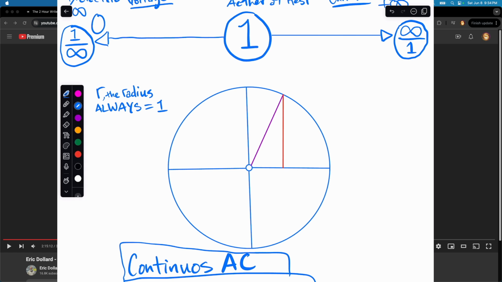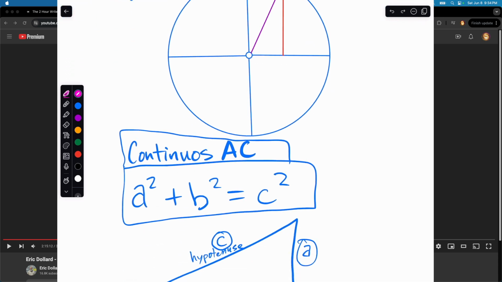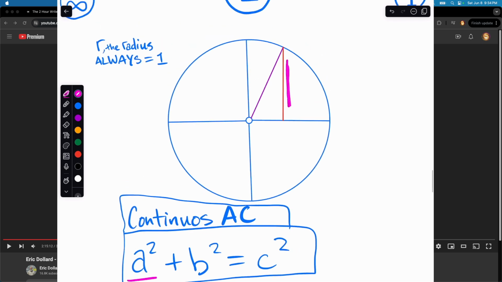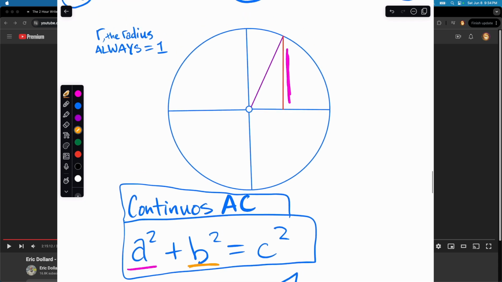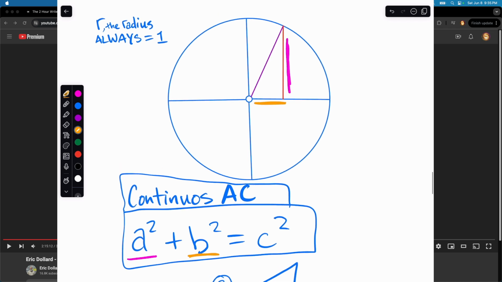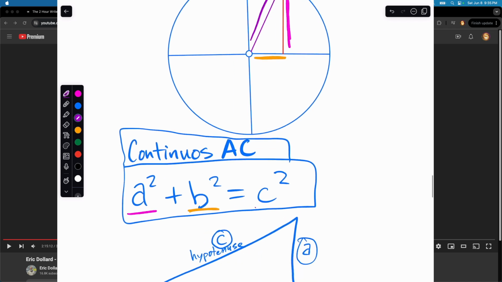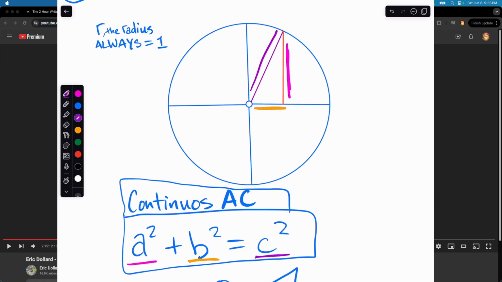And what he was talking about was that as this radius right here moves around the cycle, the 2 different lengths here are changing dynamically, and they're changing in such a way that they maintain proportionality of the Pythagorean addition, where one, such as this length, represents A, and another length, such as this one, represents B. And the third length, the radius, is represented by C. So it's hopefully coming full circle that you can see what's going on.